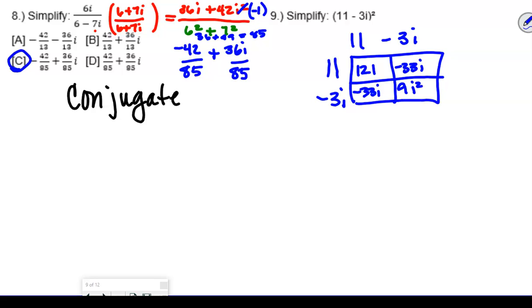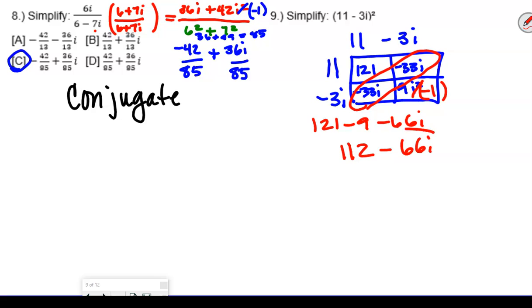We're keeping in mind, again, that this is going to change to a negative 1, right? So notice this time in both our diagonals we have like terms, right? So we have 121 minus 9, and then we have these two right here, which is going to be negative 66i, right? So that's going to be, what is that, 112? Yeah, 112 minus 66i. That was our answer here, okay?